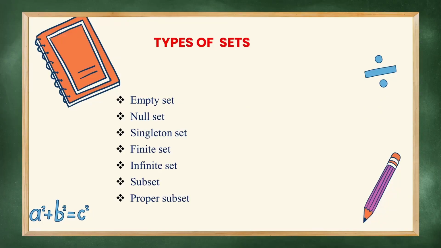Now we are going to discuss subsets. Let us consider the universal set U = {1, 2, 3, 4, ... up to 10}, and consider A = {1, 2} and B = {4, 5}.